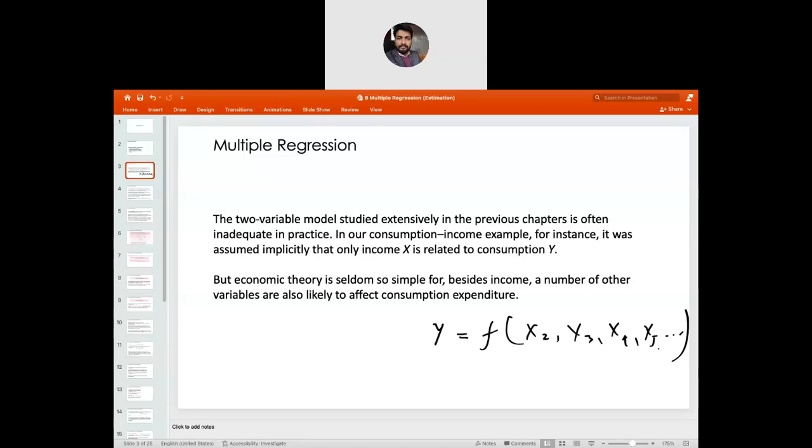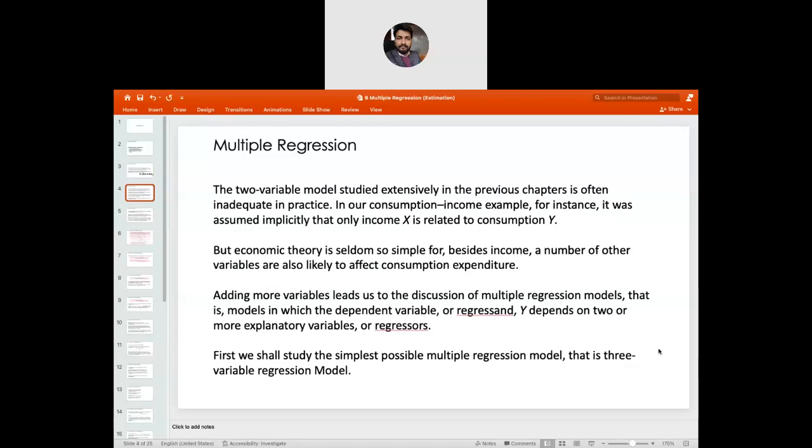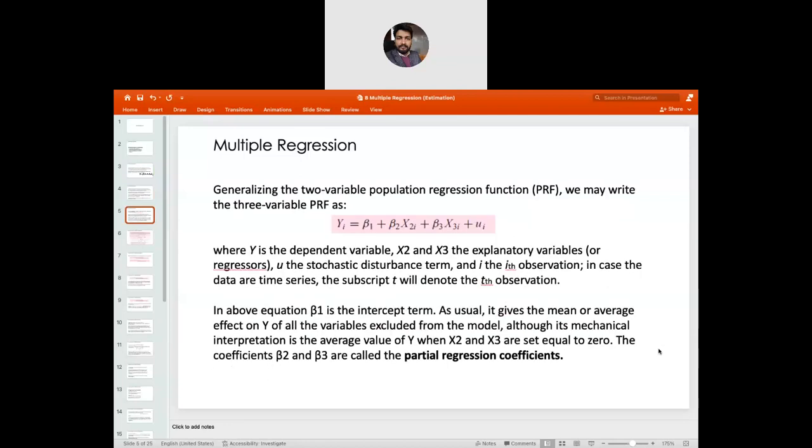This is more realistic in the sense that if we talk about the income consumption example, it's not only income that determines consumption, but there are other factors which are also important and very much determine consumption expenditure, like wealth. So we'll start with the simplest of the multiple regression models, in which we have two x's and one y.